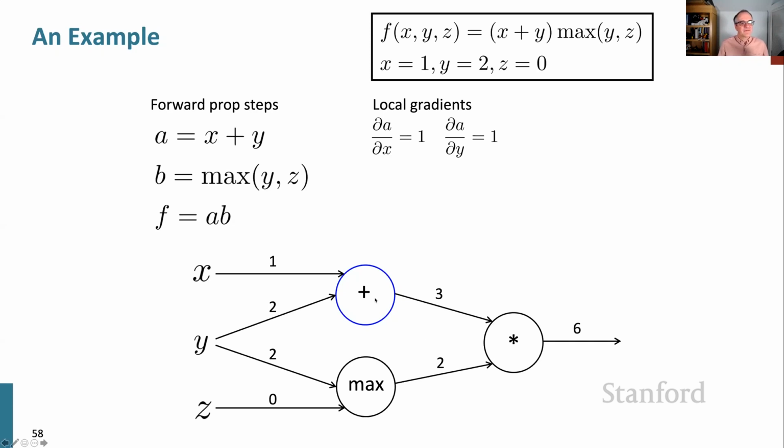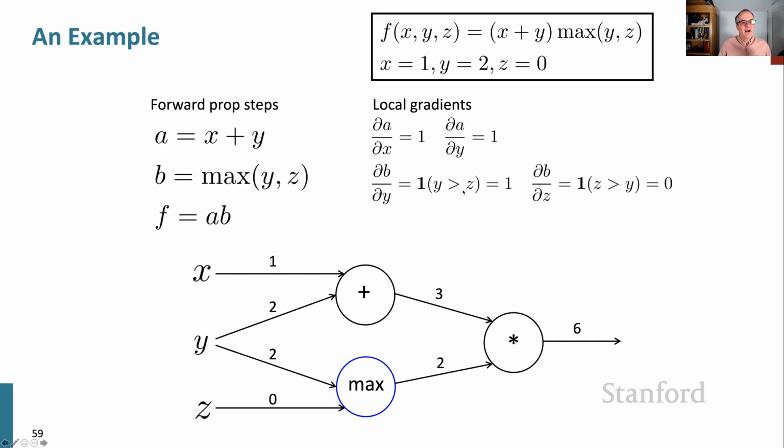So this is a here, and this is x and y. So da/dx, since a equals x plus y, is just going to be 1, and da/dy is also going to be 1. Then for b equals the max of y and z, so this is this max node, the local gradient is going to depend on whether y is greater than z.